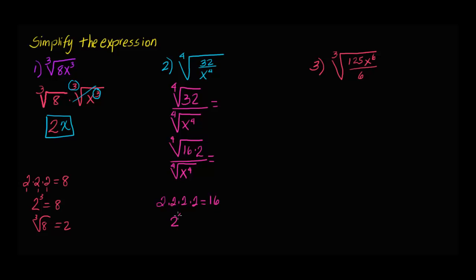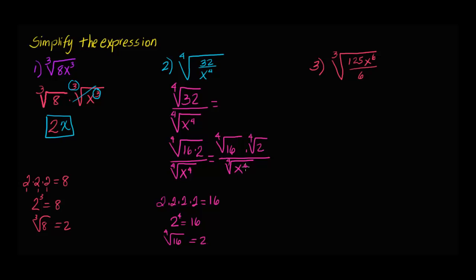That means 2 to the 4th power is 16. So the 4th root of 16 must equal 2. So I can separate these 2 factors into their own radicals. I can write the 4th root of 16 times the 4th root of 2, everything over the 4th root of x to the 4th power.